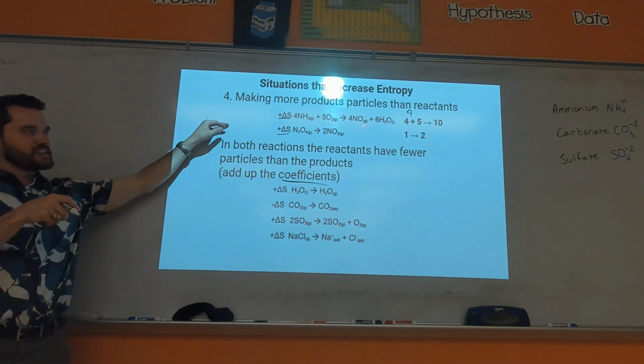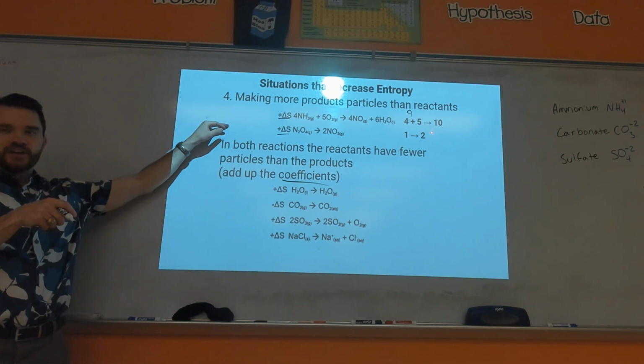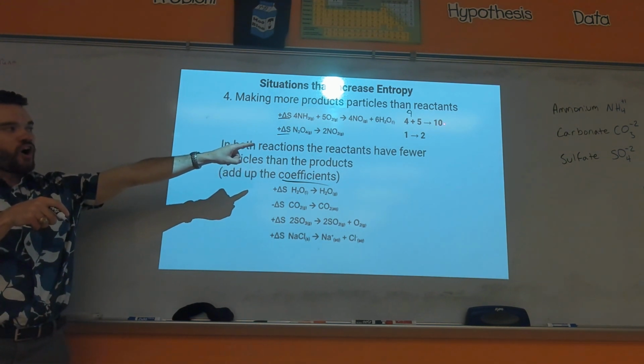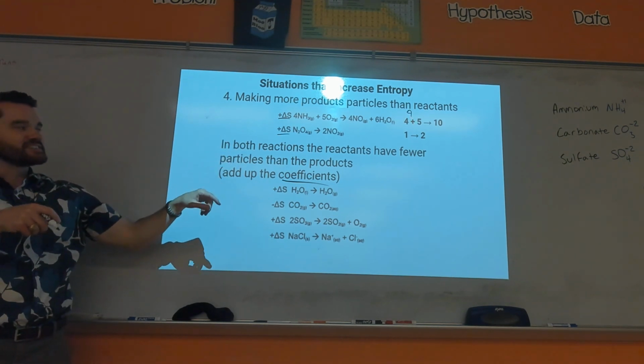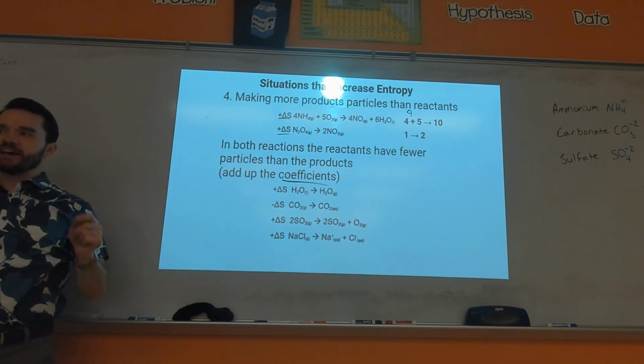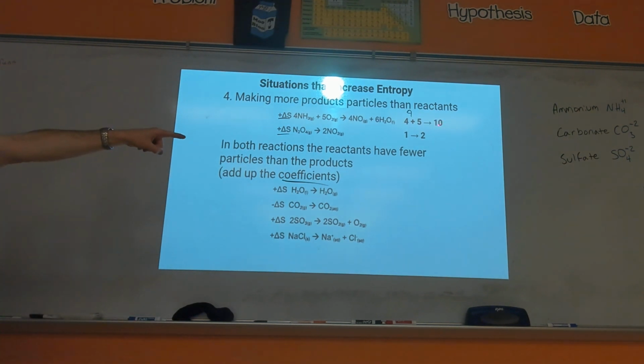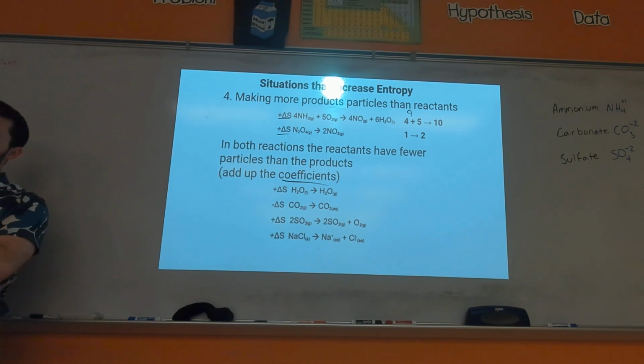Here, 4 plus 6 is 10. So what that means is I made more particles in my products than in my reactants, so that is why my delta S is positive. If your coefficients are higher on your products than your reactants, that's a positive delta S. You have increased entropy. You have broken a bigger thing into smaller things.